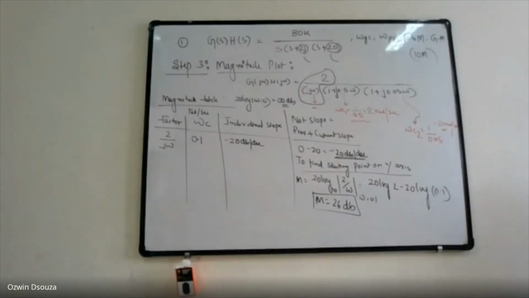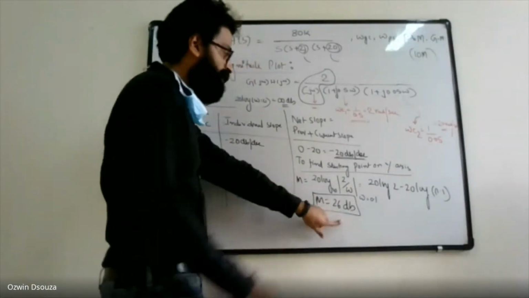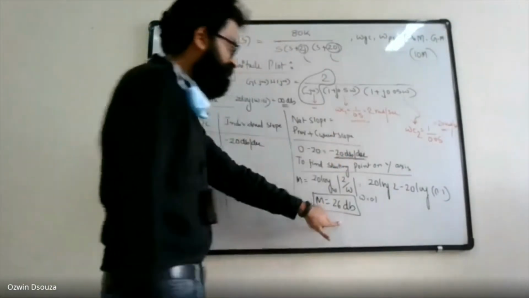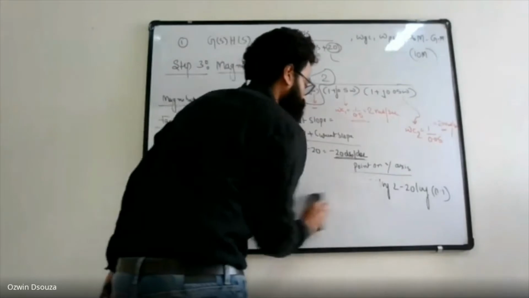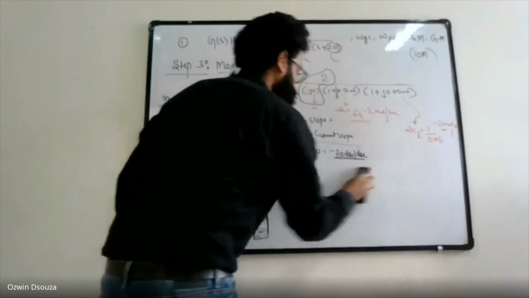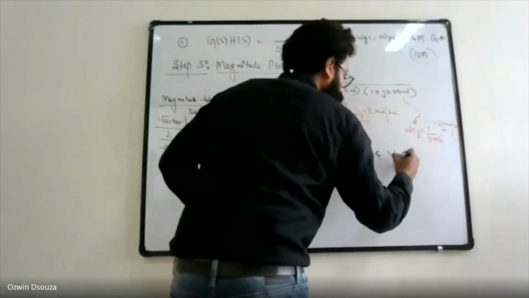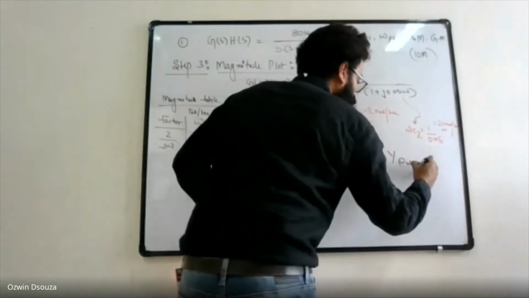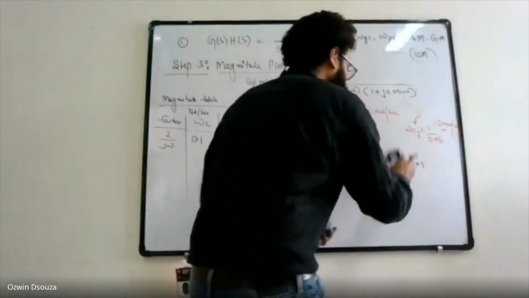So you have to mark 26 dB on y-axis, and from 26 dB onwards you have to draw a straight line with a slope of minus 20 decibel per decade. All right. So I'll write m instead of y, because it is magnitude, right?